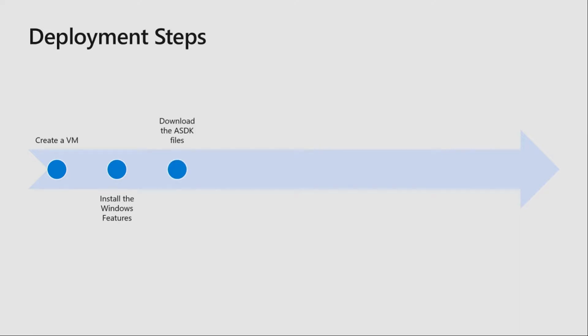Then it will download the ASDK files for you, and out of that ASDK file, it'll create that VHDX file, and rather than setting it as the bootable drive, which doesn't really work in Azure, it opens up that VHDX file and pulls out the directories that have the prerequisites on them and drops them in the C drive. And then it has to apply a couple workarounds, the first of which, it has to go into the PowerShell functions and look for the one that checks to see if you're running on a virtualized platform, and remove that, because otherwise the script will kick out, you're running on a nested virtualization, that's not supported, sorry, game over.